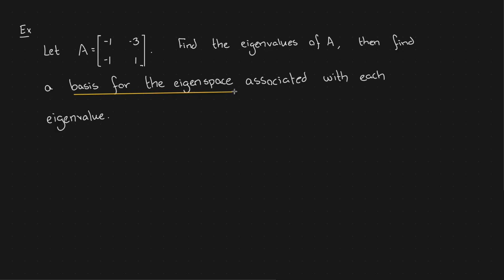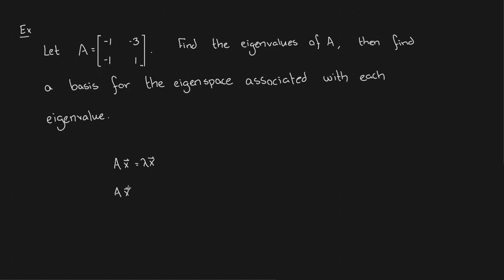associated with each eigenvalue. All right, so let's first talk about finding the eigenvalues of A. To do that, we want to solve the characteristic equation. So as a reminder, we know we want our eigenvalues and our eigenvectors to satisfy this equation.